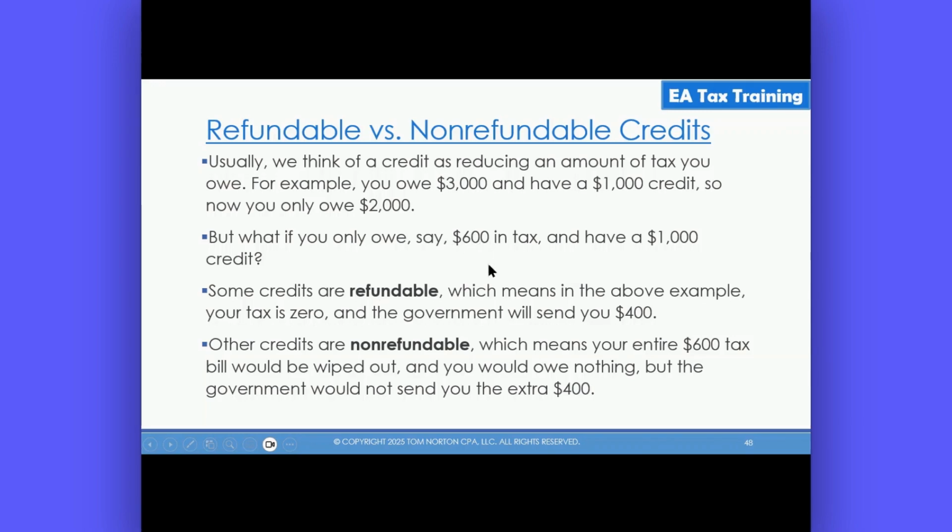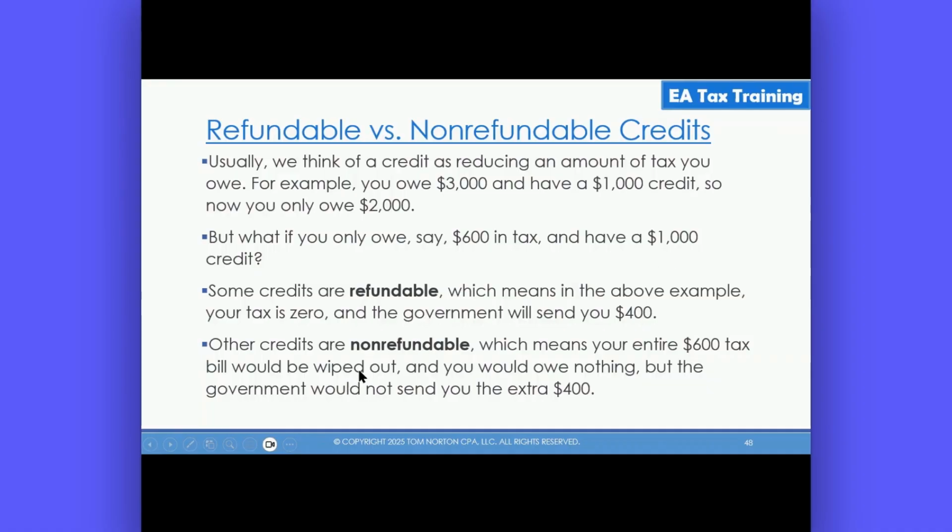That is gone. But in addition to that, the government is actually going to send you a check for $400. That credit is refundable, which means you will actually get a refund of the difference between the amount of tax that you owed and the amount of the refundable tax credit.